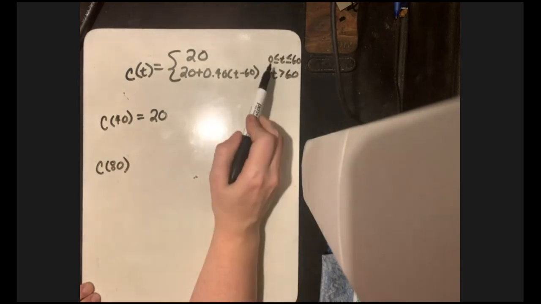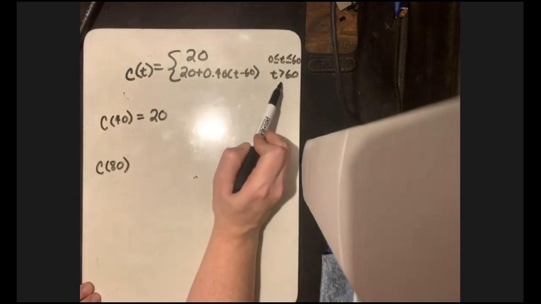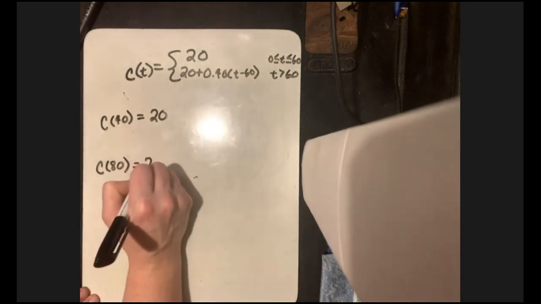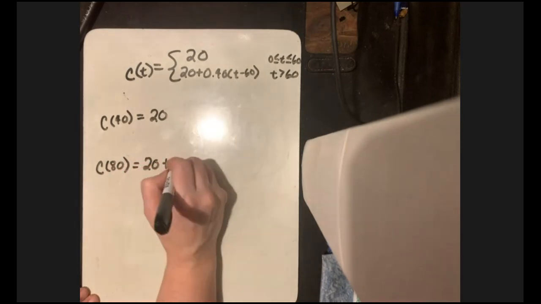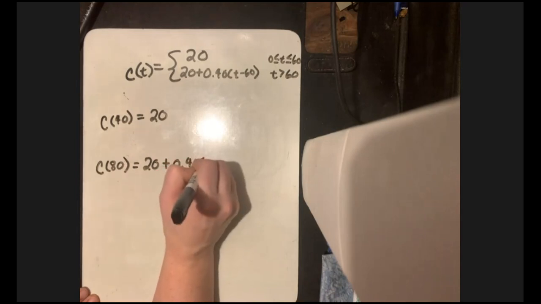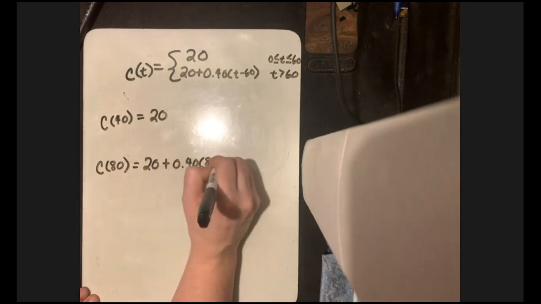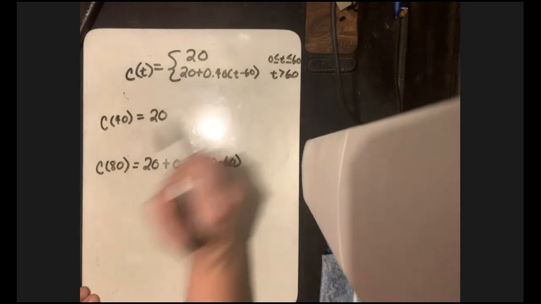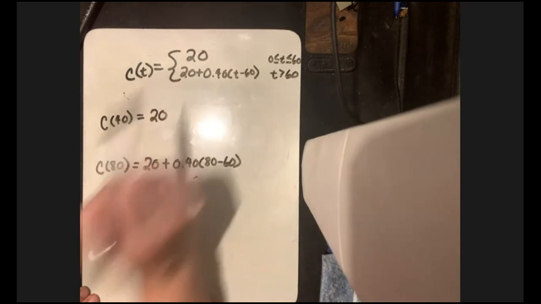Now, 80 is not between 0 and 60, so it's greater. So I'm going to be using this second rule. So we're going to put 20 plus 0.40 times (80 minus 60). Notice this one actually has a T in it where we're actually going to plug the number in. This one did not have a T for that.